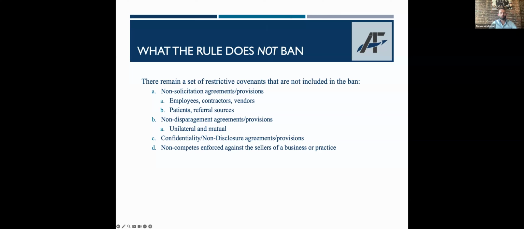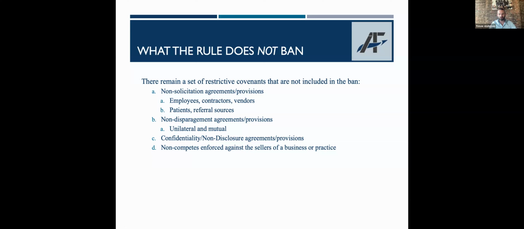All right, so what does the rule not ban? I touched on it a little bit earlier. Restrictive covenants, that's the broad group of provisions that you might find in an employment agreement that prohibit an employee from doing something. So restrictive covenants like non-solicitation agreements or provisions are still going to be enforceable and you're allowed to enter into them. So those types of provisions would prohibit an employee from either trying to take or influence an employee, a current employee to quit, right, and join them.